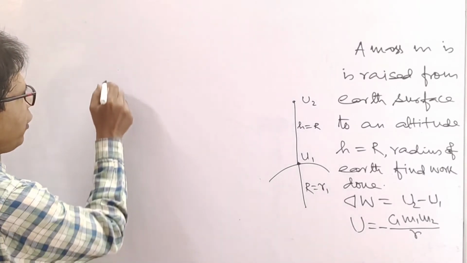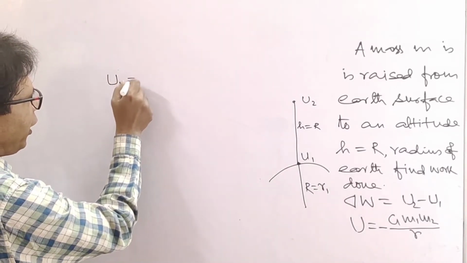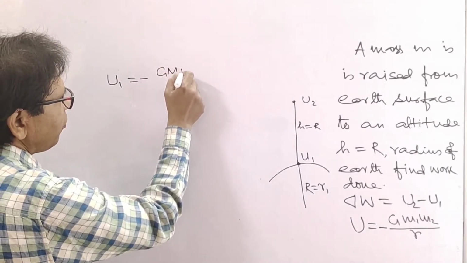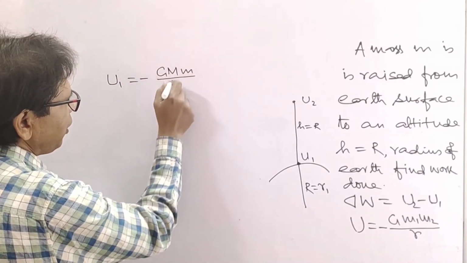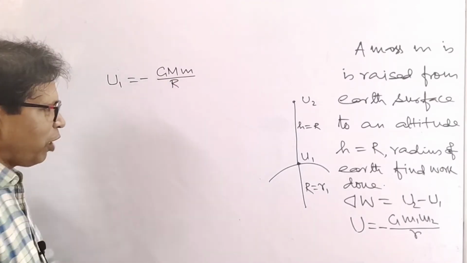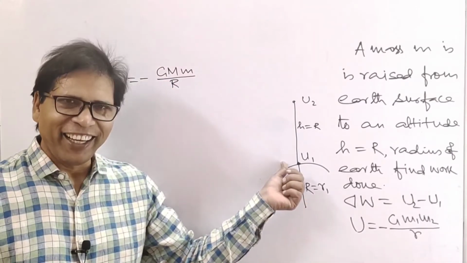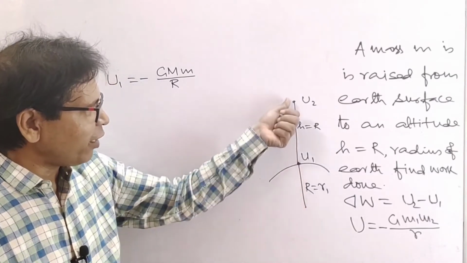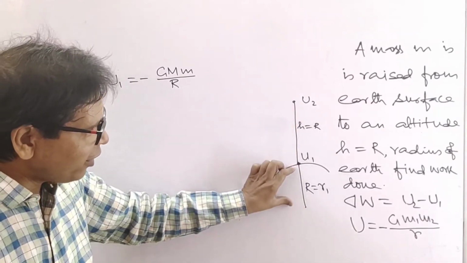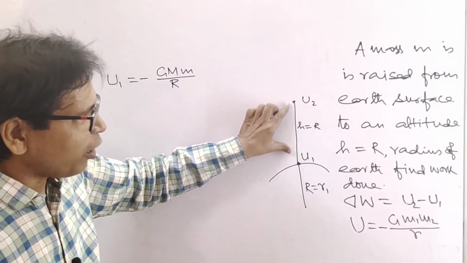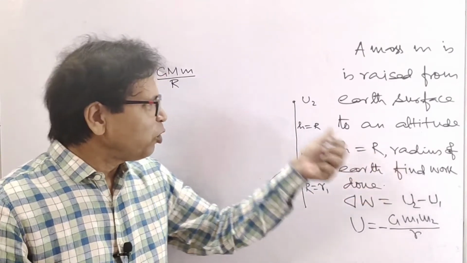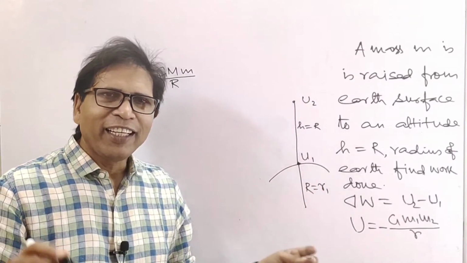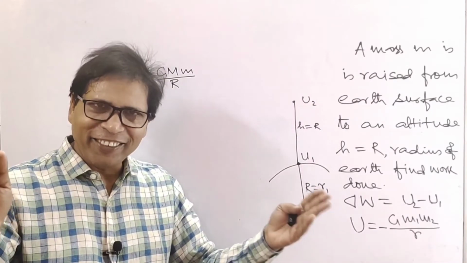So what is the initial potential energy? This is minus G, the mass of the earth, mass of the body divided by the distance of the body from the center of the earth. Okay. Understood? Now potential energy at this point. Look at this, this is R and this is also R because H equal to R. So distance of this mass from the center of the earth is R plus R, that is 2R.